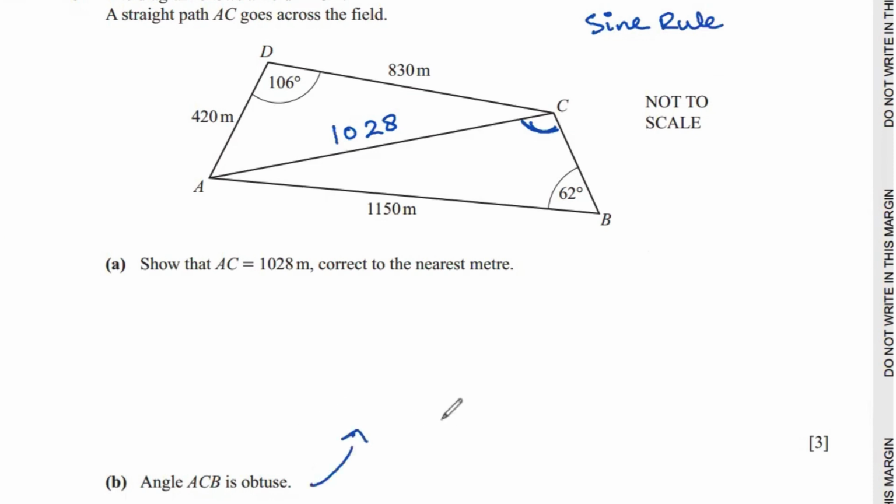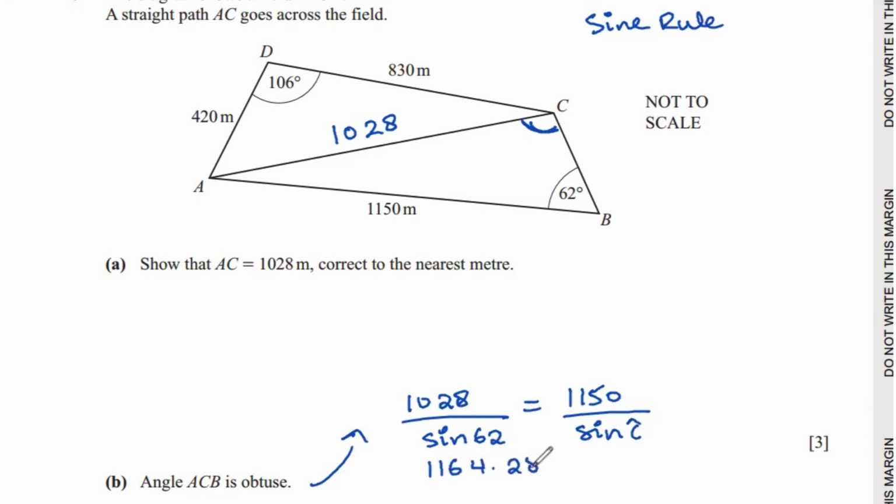So in this case, we will do 1028 divided by sine of 62 equals 1150 divided by sine of angle C. So 1028 divided by sine 62 is 1164.28, times sine of angle C equals 1150.